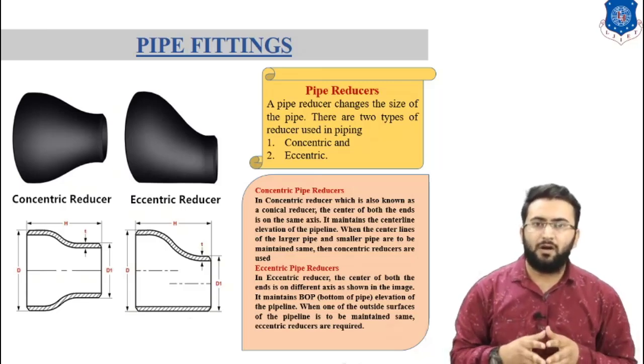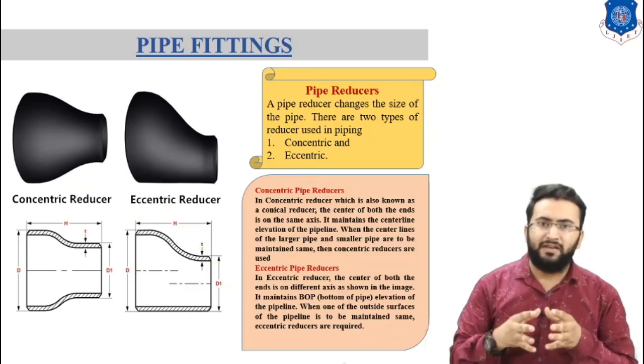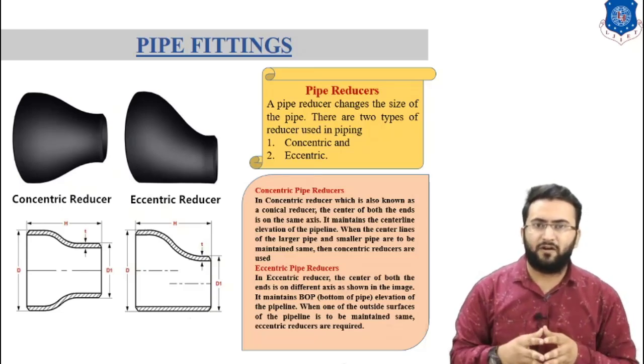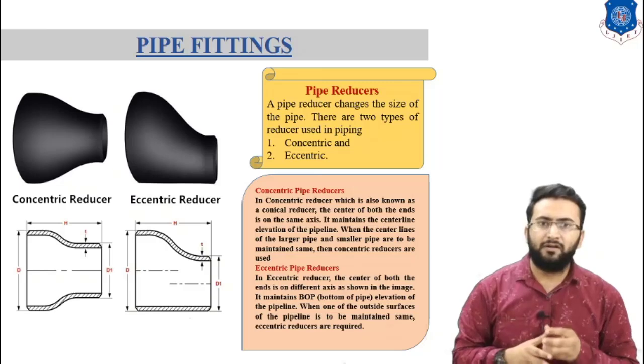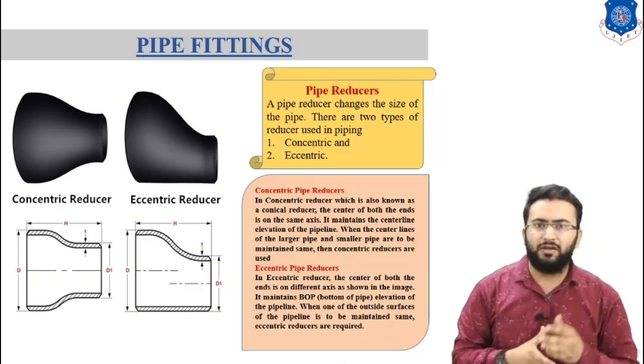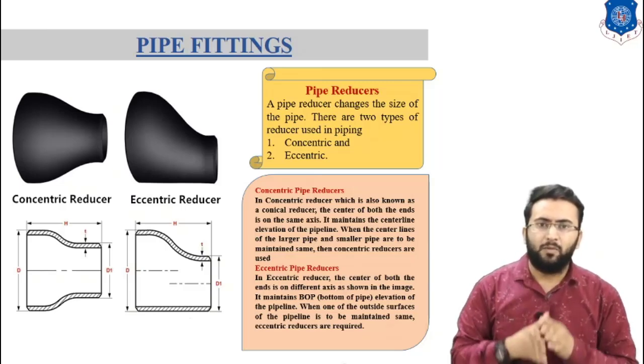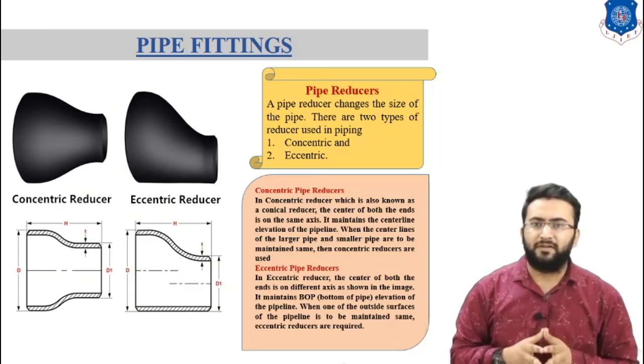So what is the meaning of an eccentric pipe reducer? In an eccentric pipe reducer, the center of both ends is on different axes, as shown in the image. It maintains the bottom of pipe elevation in the pipeline.